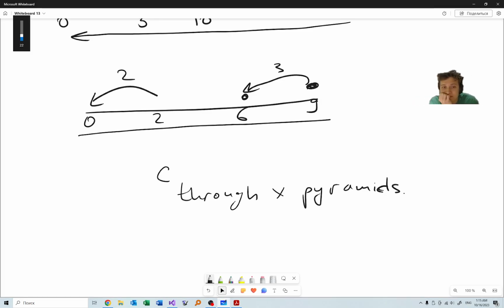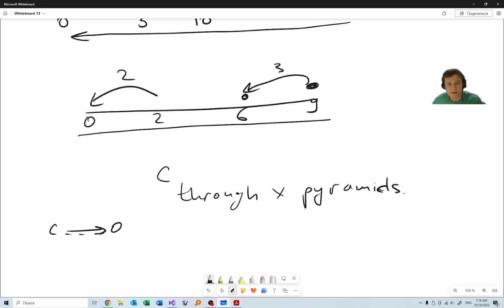Yeah, we would like to know if we can get C through X pyramids. So we will combine our approach of going from C to 0 in decreasing order to avoid duplicates.